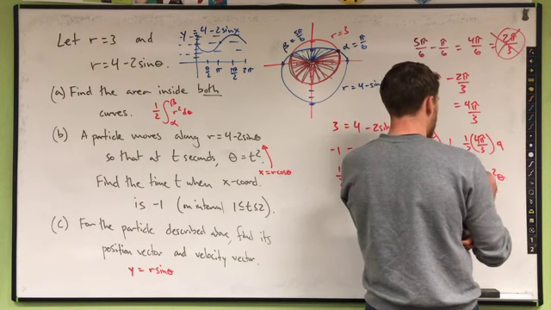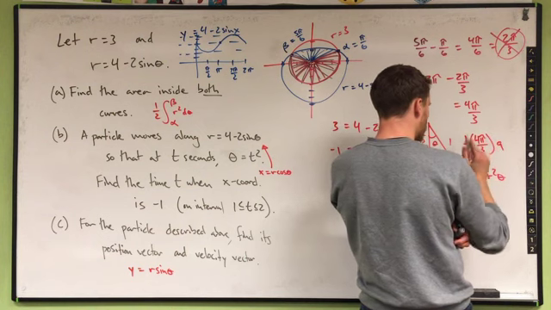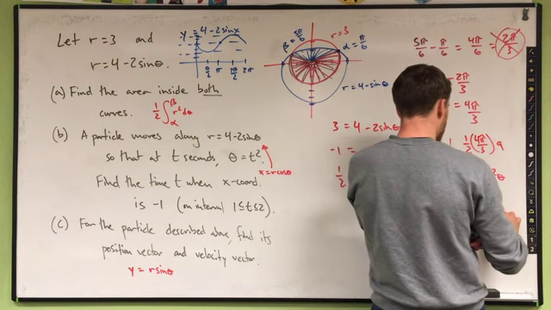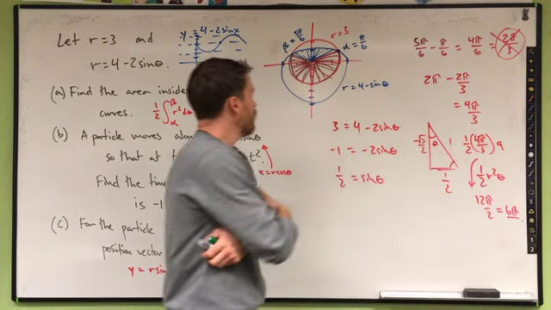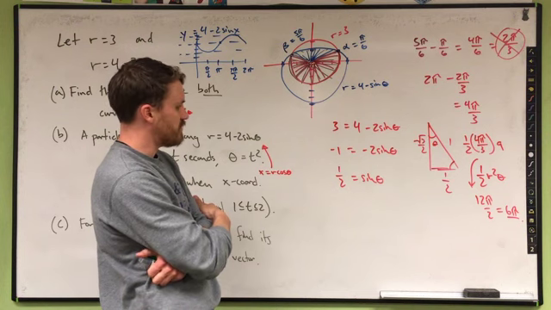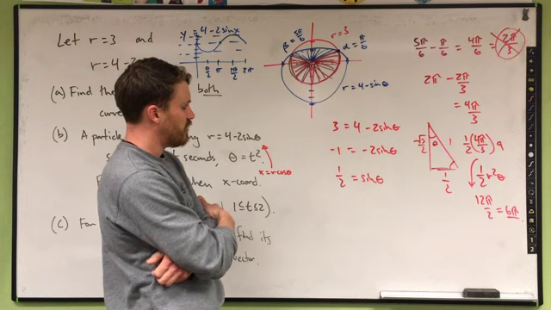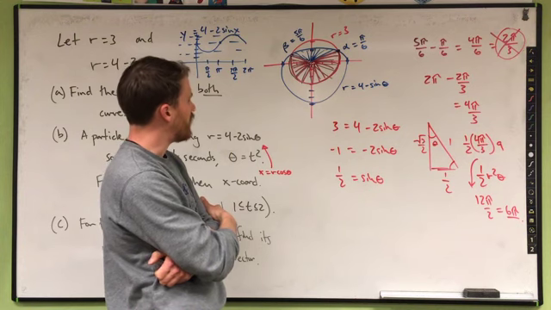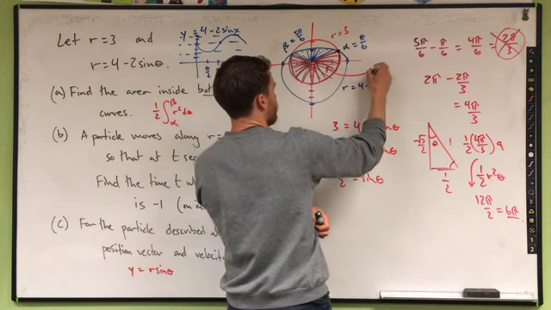And so that right there should be, let's see, 3 times 4, 12 pi divided by 2, which is just 6 pi. So normally it would be 9 pi, so it makes sense that 2/3 of it would be 6 pi. So I think that makes sense. So this red area right here is 6 pi.